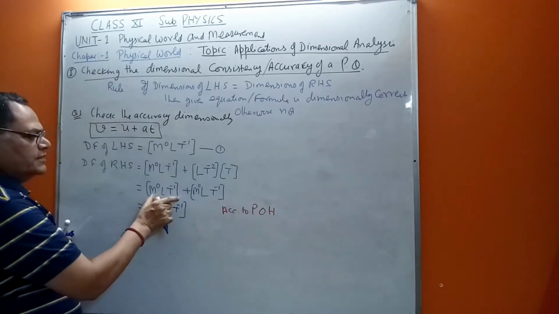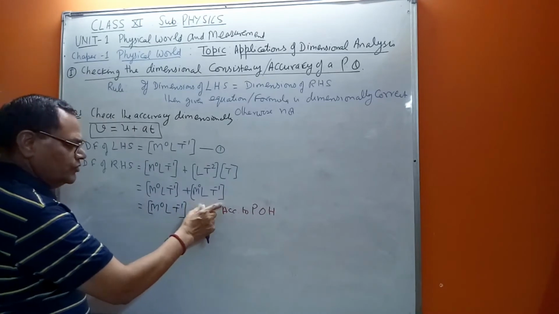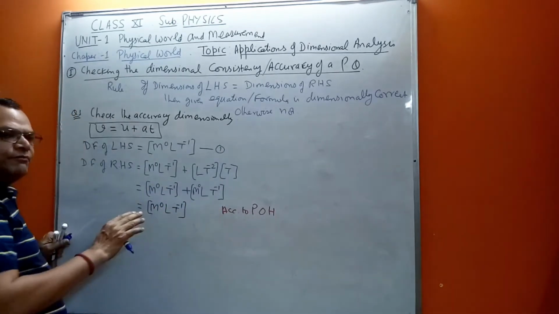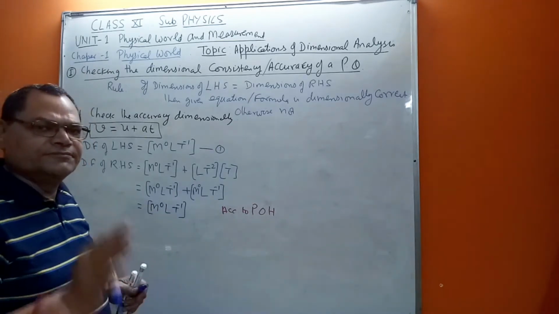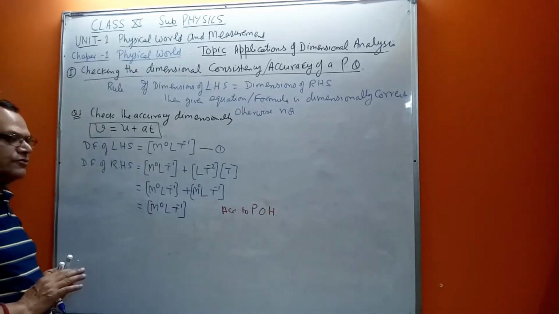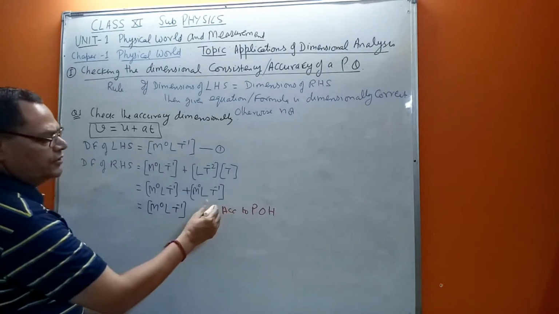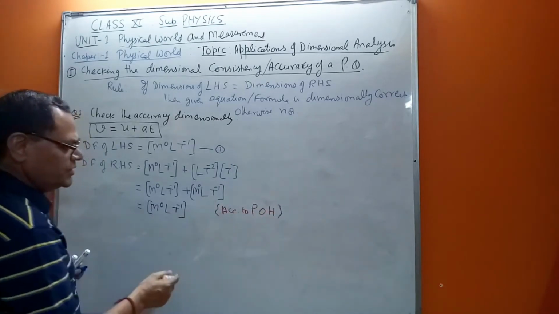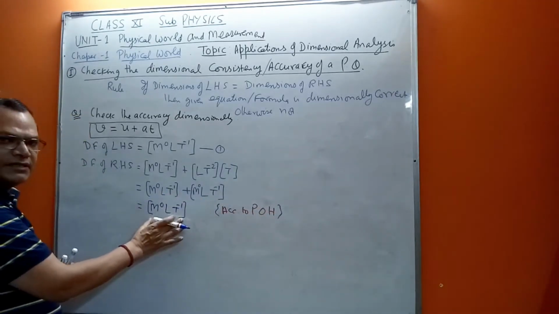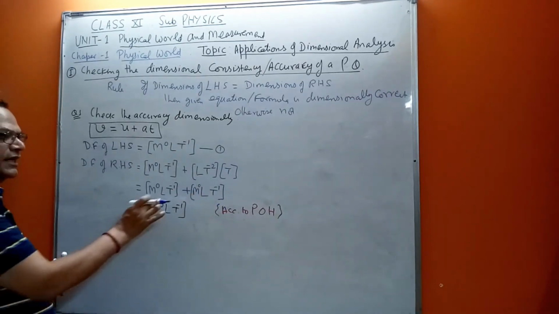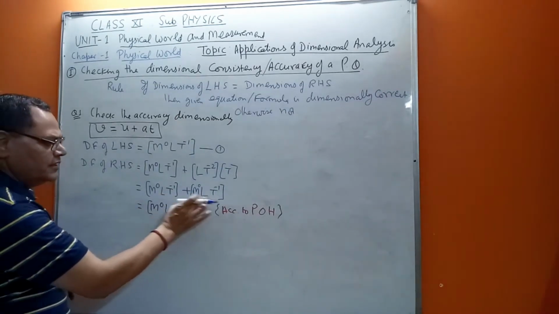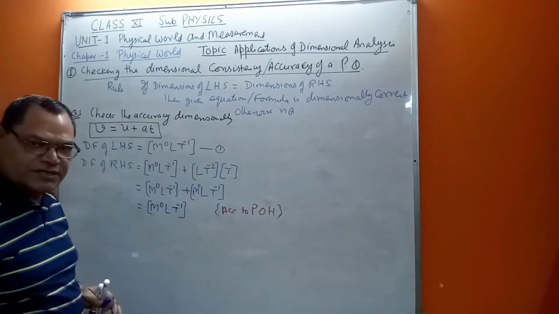Actually, it seems this term is similar to this term, okay? So it will become twice, but the constant values do not have any dimensions, okay? So that is why, according to the principle of homogeneity, the dimensions will remain the same in addition of the similar quantities. And why can we say they are similar? Because they have the same dimensions.